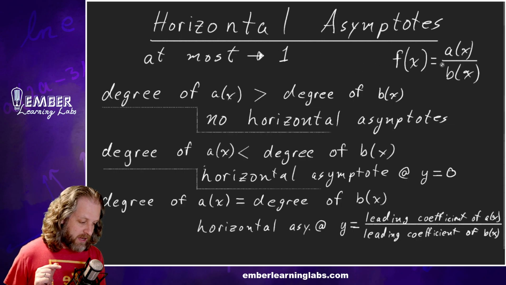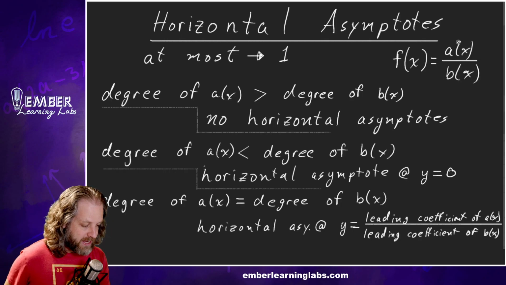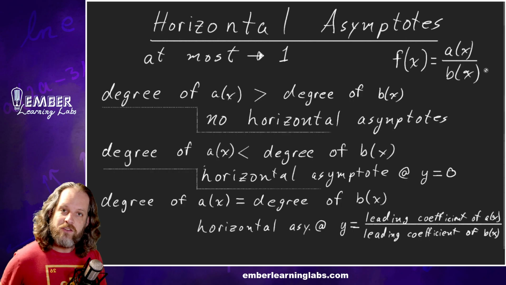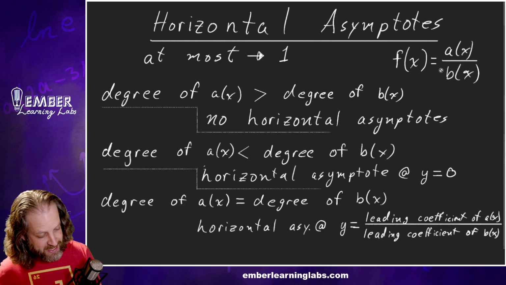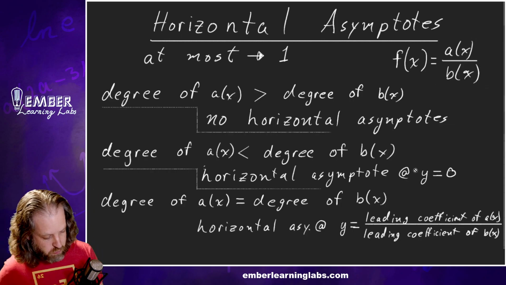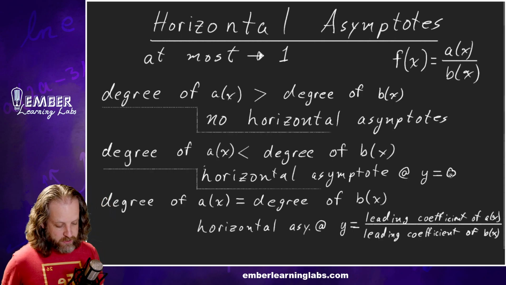If the degree of the top is less than the degree of the bottom, so the highest exponent on the top is less than the highest exponent on the bottom, then it has a horizontal asymptote at y equals 0.